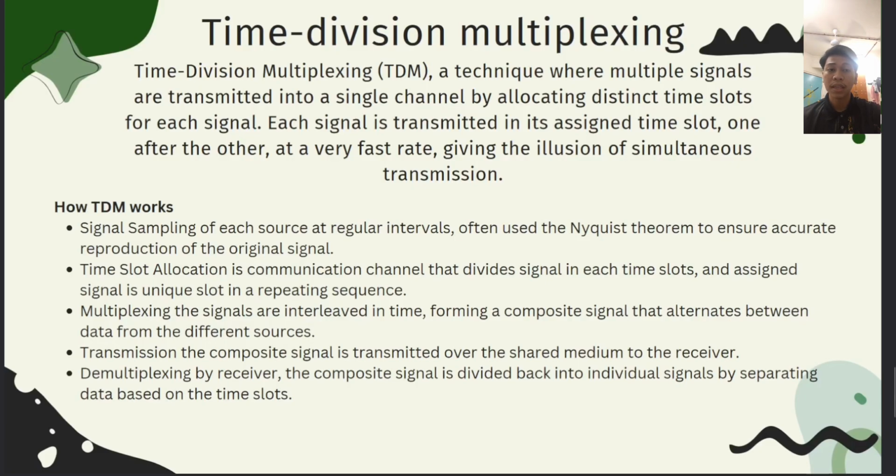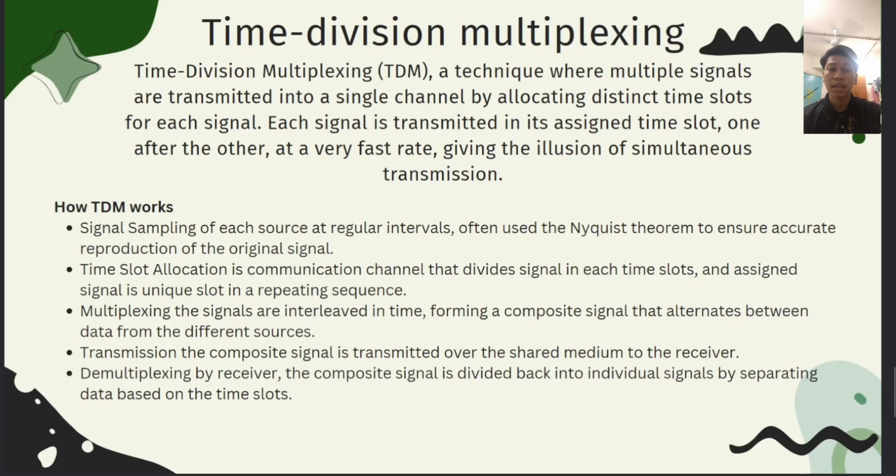How TDM works. Signal sampling: each source is sampled at regular intervals, often using the Nyquist theorem to ensure accurate reproduction of the original signal. Time slot allocation: the communication channel is divided into time slots, and each signal is assigned a unique slot in a repeating sequence.